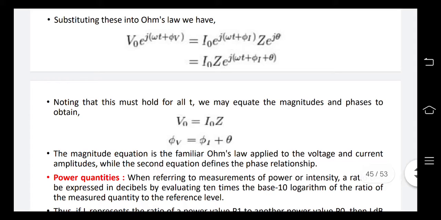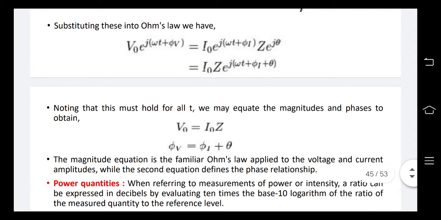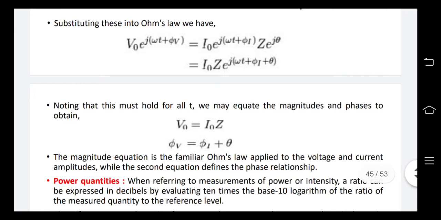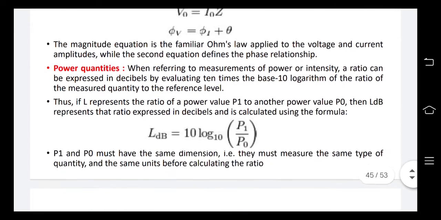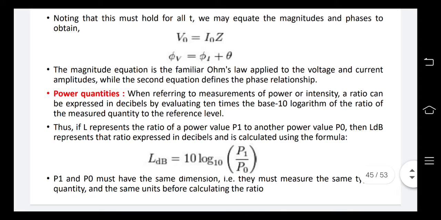Equating the magnitudes, V naught equals I naught into Z, and taking the phase component, phi V equals phi I plus theta. The magnitude equation is the familiar Ohm's law applied to the voltage and current amplitudes, whereas the second phase equation defines the phase relationship between the values.